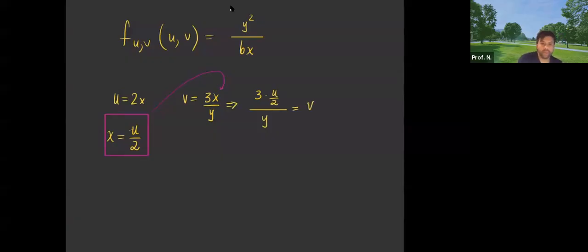But I want to solve for y. So I can cross multiply, and I get 3u over 2 equals v times y. I want to get y by itself, so divide by v, and I get that y is equal to 3u over 2v.